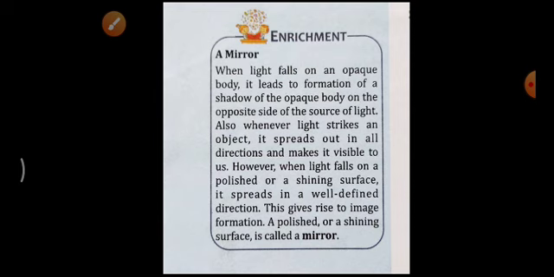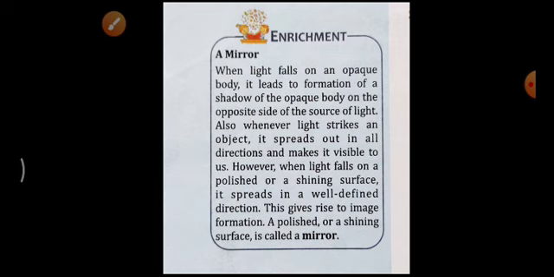If any opaque object, such as a toy or a bottle, through which light cannot pass, is placed in the path of the light, then what will happen? A shadow will form opposite to the light.